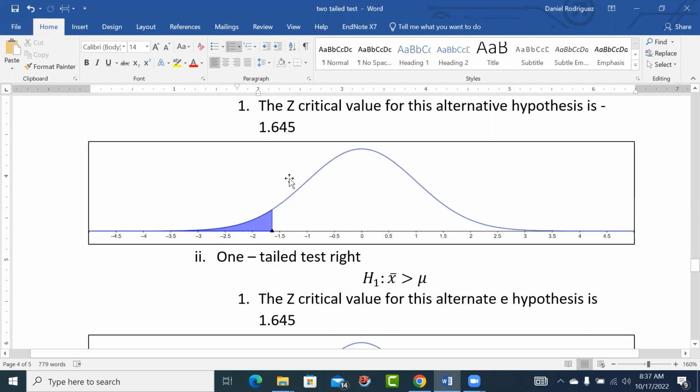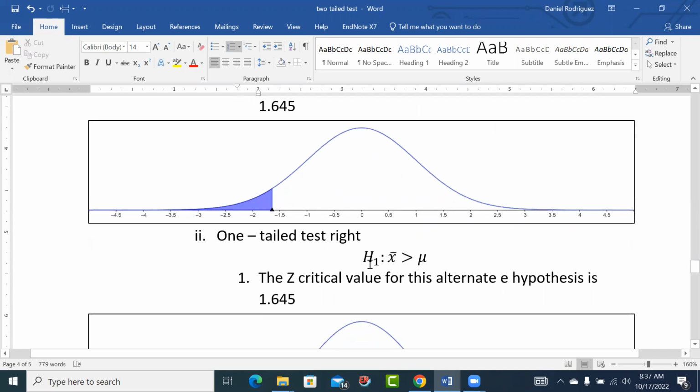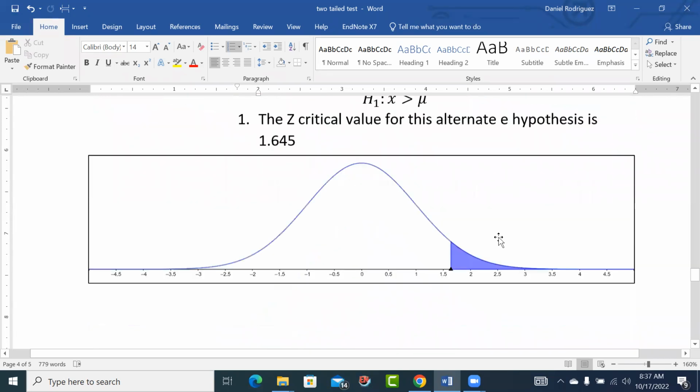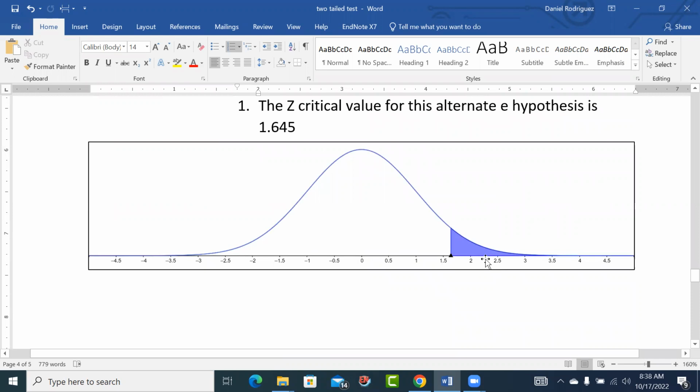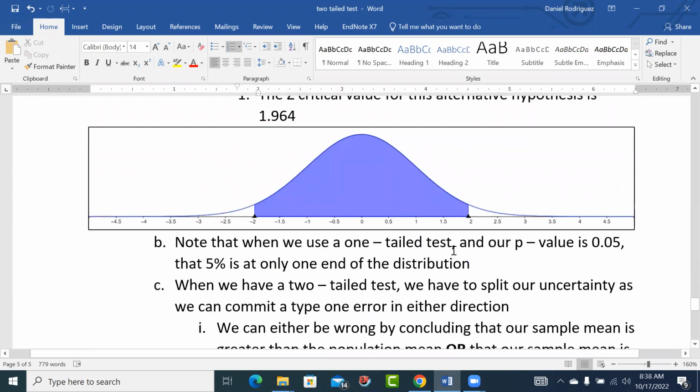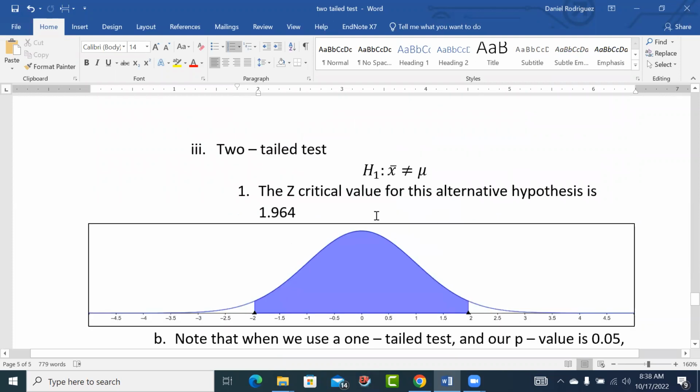This is the Z value you'd find in a critical table. And for a one-tail test to the right, we have a Z critical value of 1.645. Again, they're symmetrical, right? In a two-tail test, you'd have a Z critical value of 1.964, because we have to split our uncertainty in half.